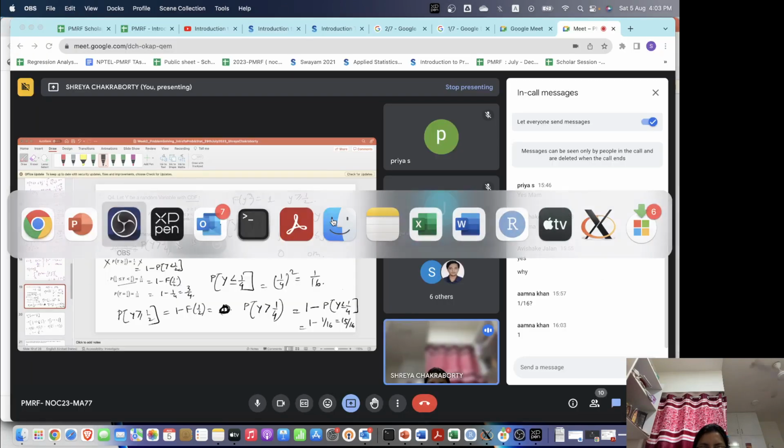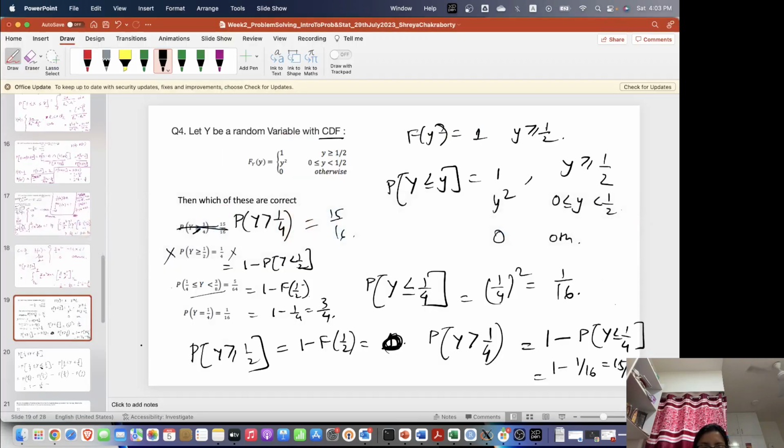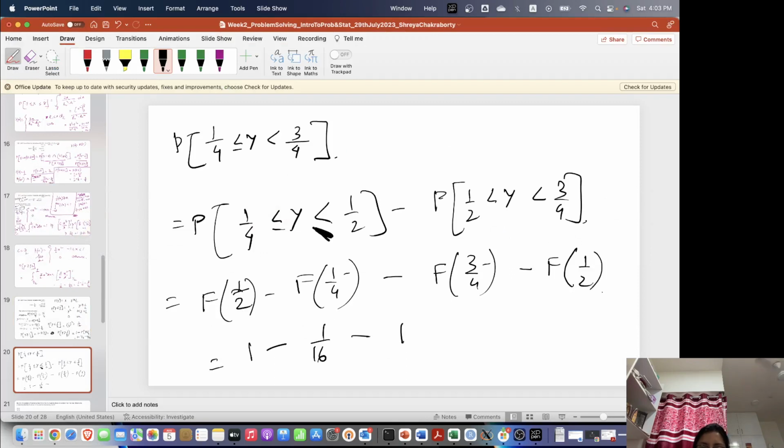It is also 1. Plus f of half is also 1. So 1 will cancel. We'll have 1 minus 1/16. That is 15/16.